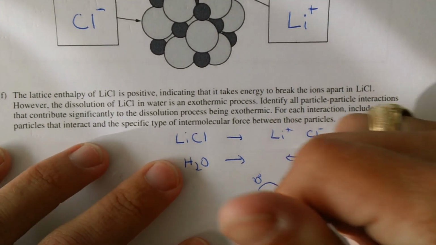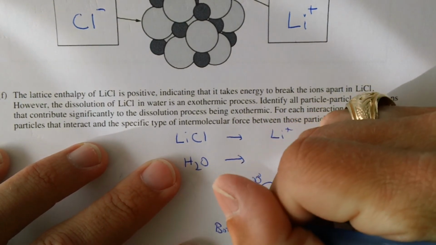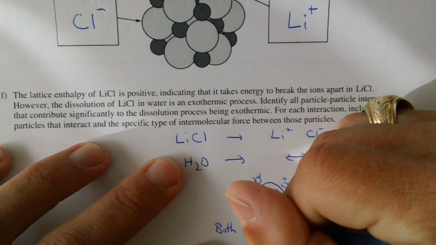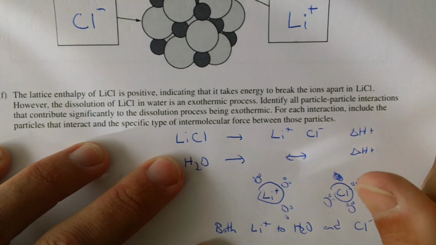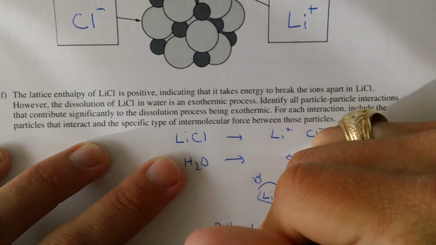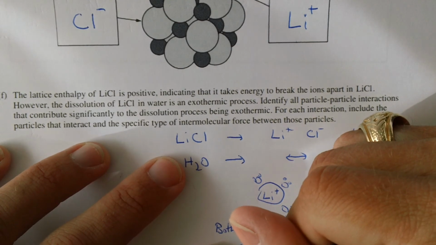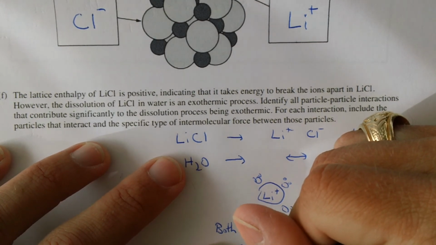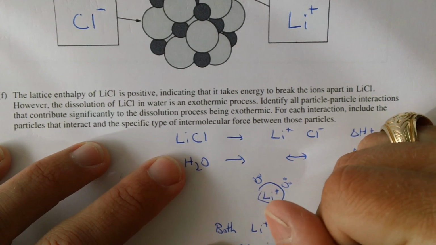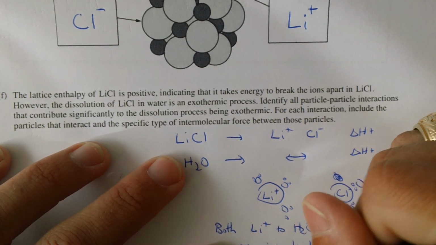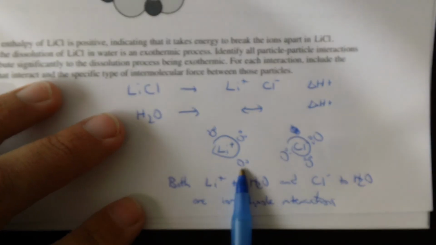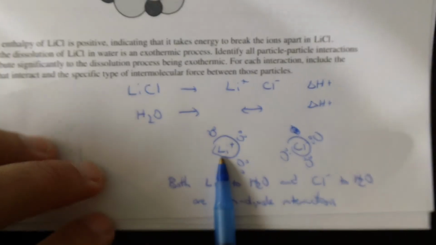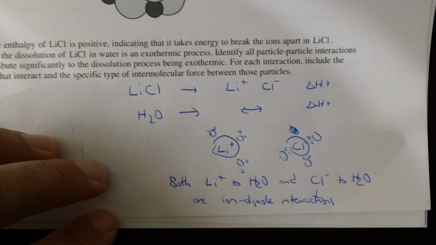So I would put both lithium ions to water and chloride ions to water are ion dipole interactions. Just call them what they are, right? That's polar, so it has dipoles on it. So that's an ion dipole interaction.